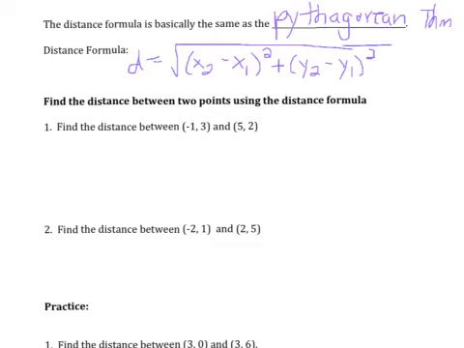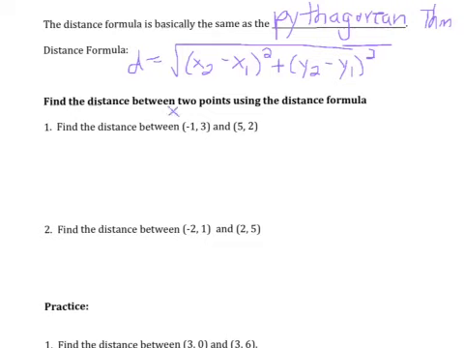So let's do a couple problems where we need to use the distance formula to find the distance between 2 points. So first we have -1, 3 and 5, 2. So let's label what our x1 and y1 and x2 and y2 are.